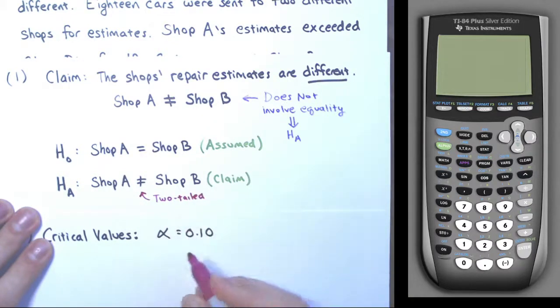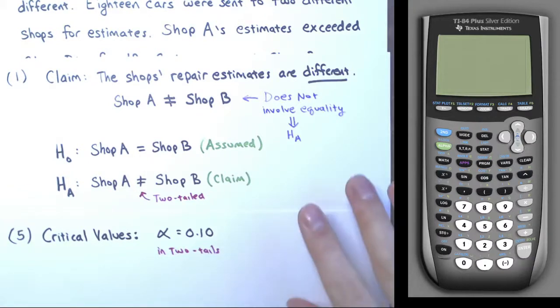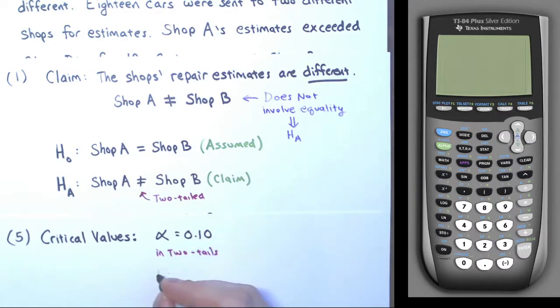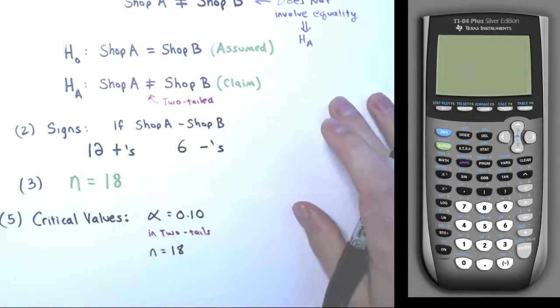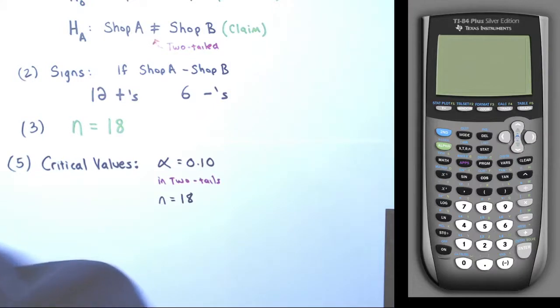So this is going to be alpha equals 0.1 in 2 tails, not 1, like the last example. All right. And the value of n, as I showed you here, was 18. All right. So let's go to my chart and go back here, and we'll go to this chart.